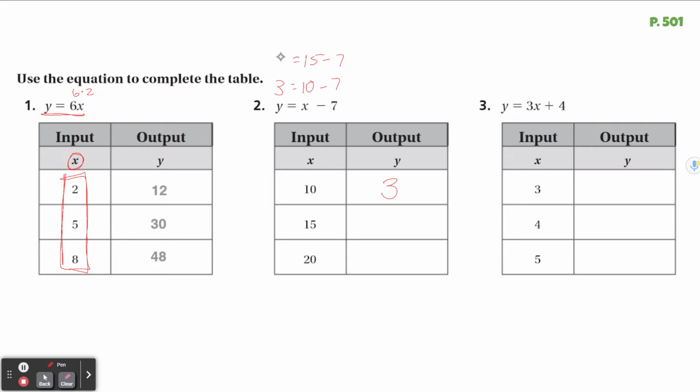And 15 minus 7 is 8, so our output would be 8. Our last one for this one says 20 minus 7, and 20 minus 7 is 13. So our output is 13. Each of these outputs we get by putting the input in for x. So we take these values and we put them where the x is.